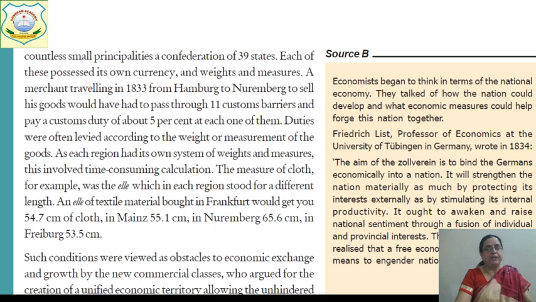So an ell of textile material bought in Frankfurt would get 54.7 centimeters of cloth. In Mainz, 55.1 centimeters. Nuremberg, 65.6 centimeters. Freiburg, 53.5 centimeters. You can see that each region stood for a different length.